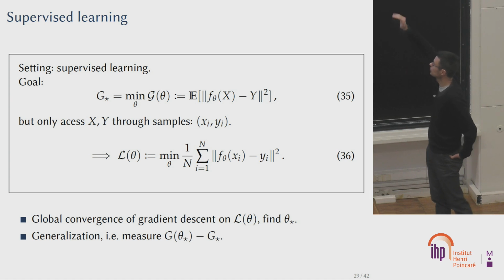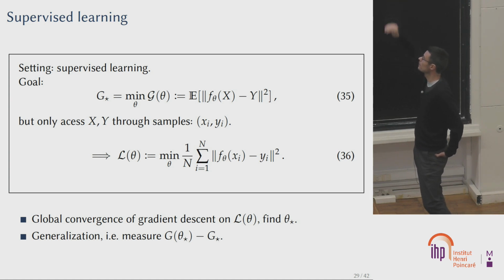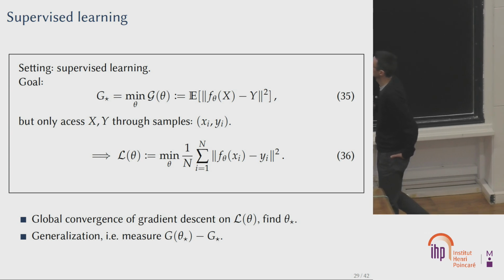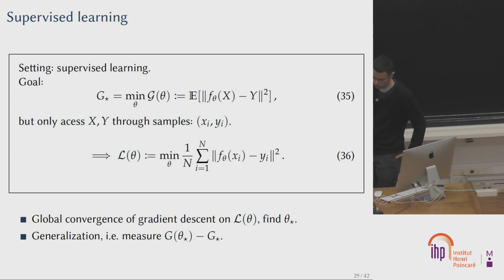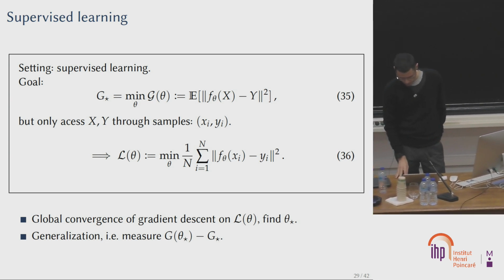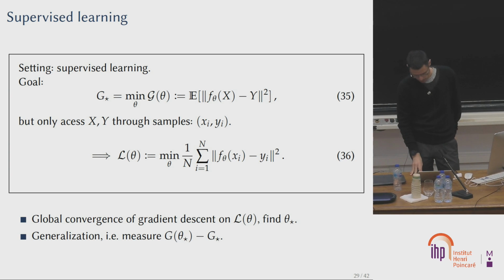In fact, what you do is minimize the empirical risk defined by L of theta, and to do it, you use a standard gradient descent algorithm, and you can find theta star, or at least an estimate of the minimizer.